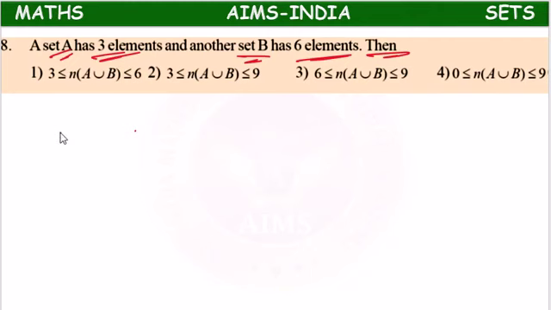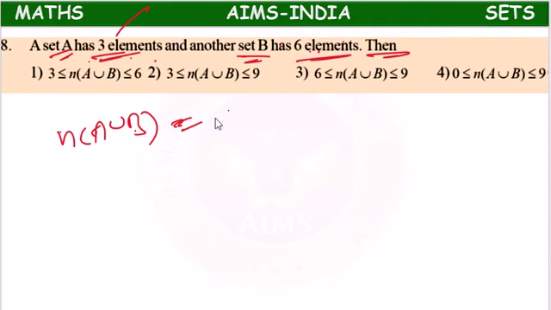Here n of A union B, 3 plus 6. Actually, they have not given a proper condition here. We cannot tell whether common elements are there or not, because they have not given any clue. All 3 elements may be common or 0 elements may be common.